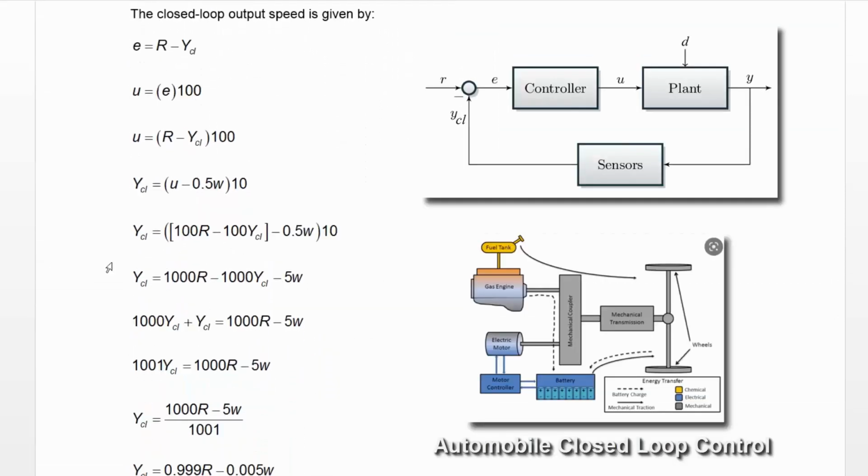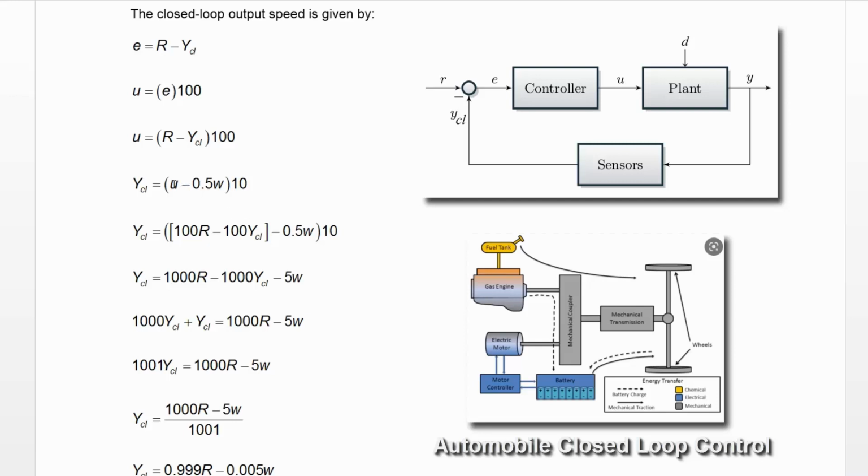Okay, next thing we do, we have to substitute in what U is. Well, U is the set point minus the output, R minus YCL times 100, the controller gain. So if we multiply R and minus YCL times 100, we get 100R minus 100 YCL.